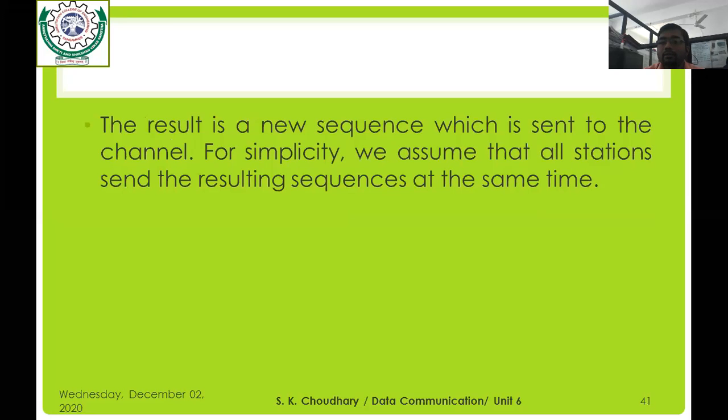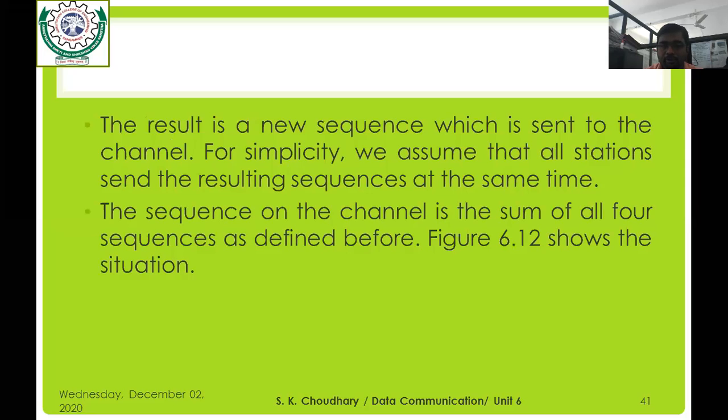For simplicity, we have assumed that all stations send the resulting sequences at the same time, with no time delay between sending the data. So the sequence on the channel is the sum of all 4 sequences, as defined in yesterday's lecture. The data is multiplied with the code, and the results are added for all the stations in that channel.